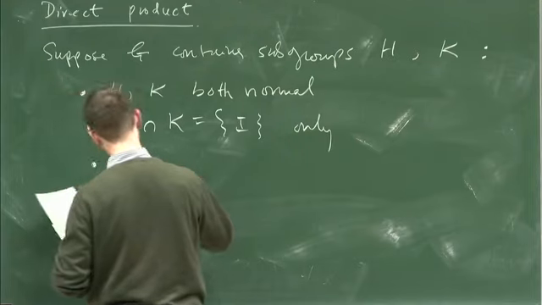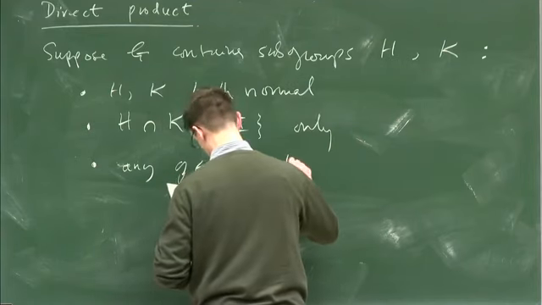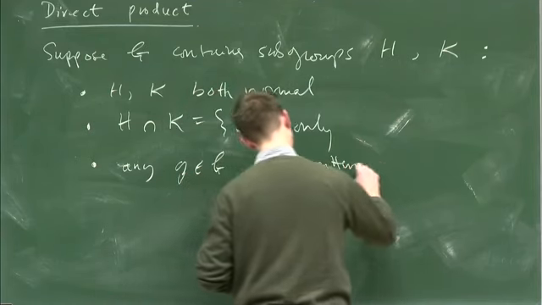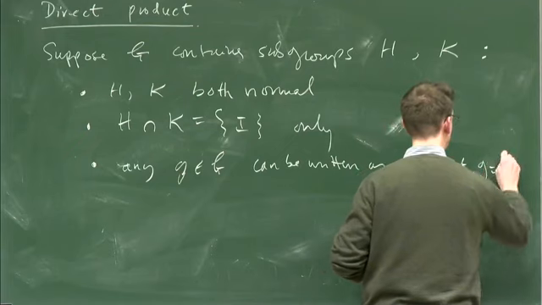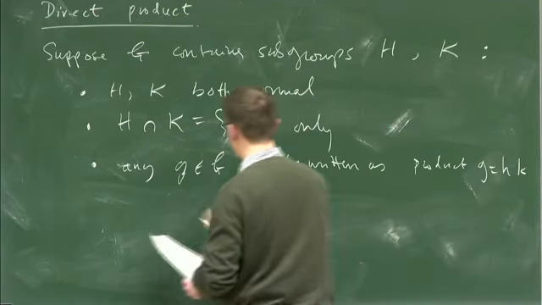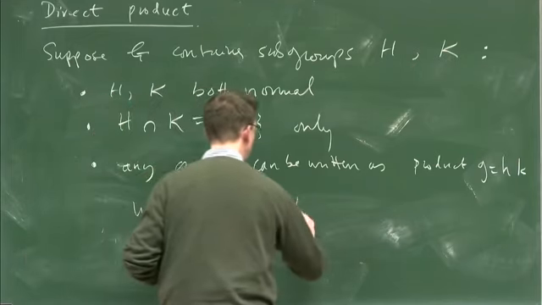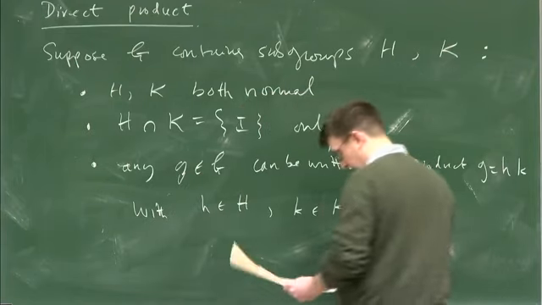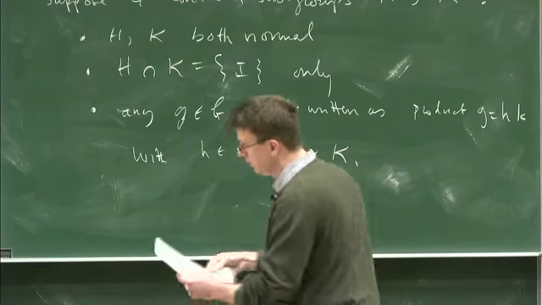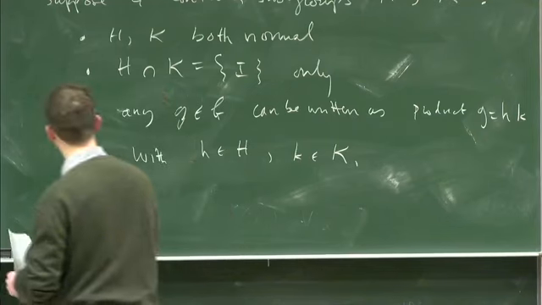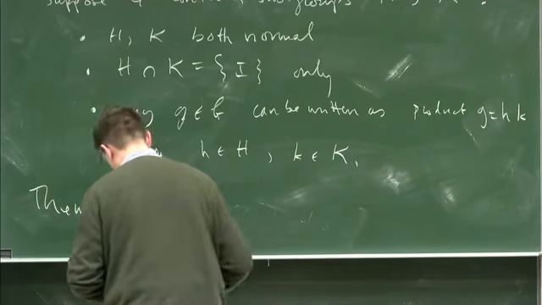And any little g in G can be written as a product, g is little h, little k, with little h in big H and little k in big K. But then there's something else to prove here.